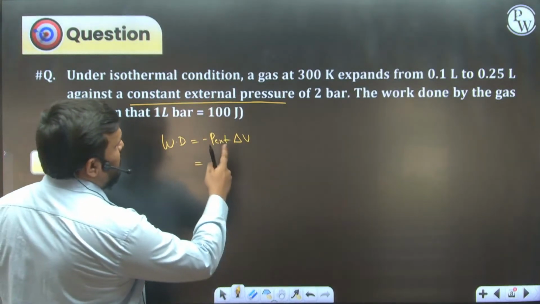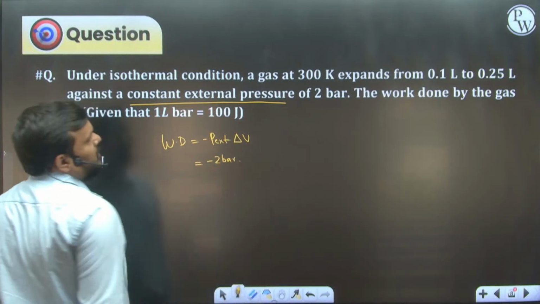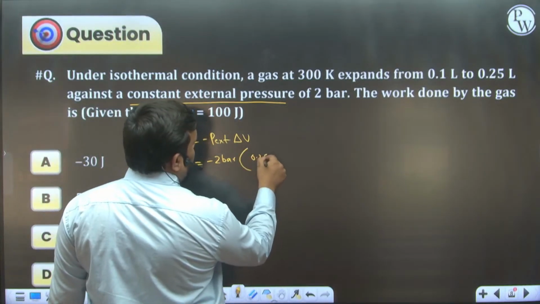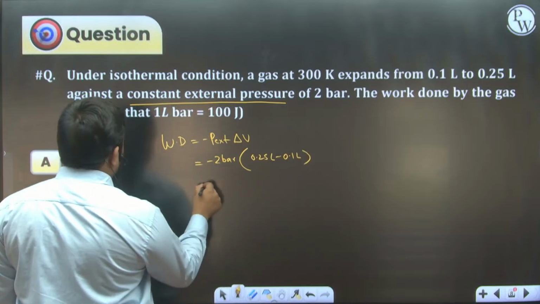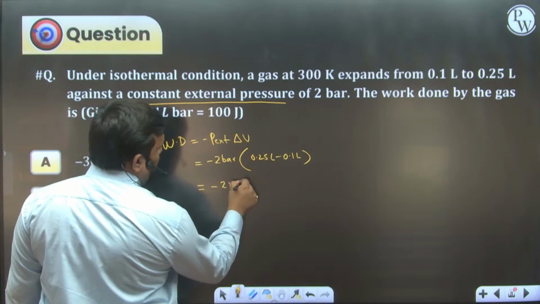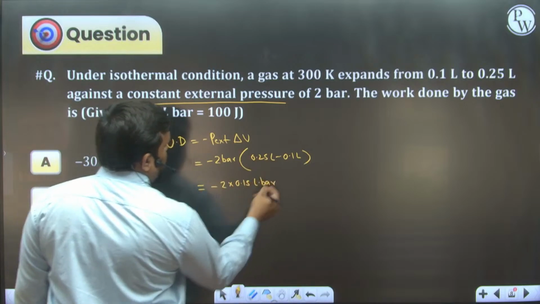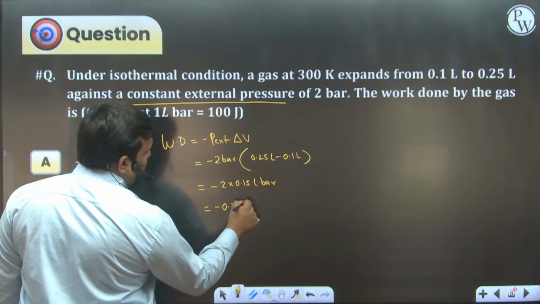They have given the external pressure as 2 bar, so work done is minus 2 bar into the change in volume. Final volume 0.25 liter minus 0.1 liter, so we get minus 2 into 0.15 liter bar, which is minus 0.3 liter bar.